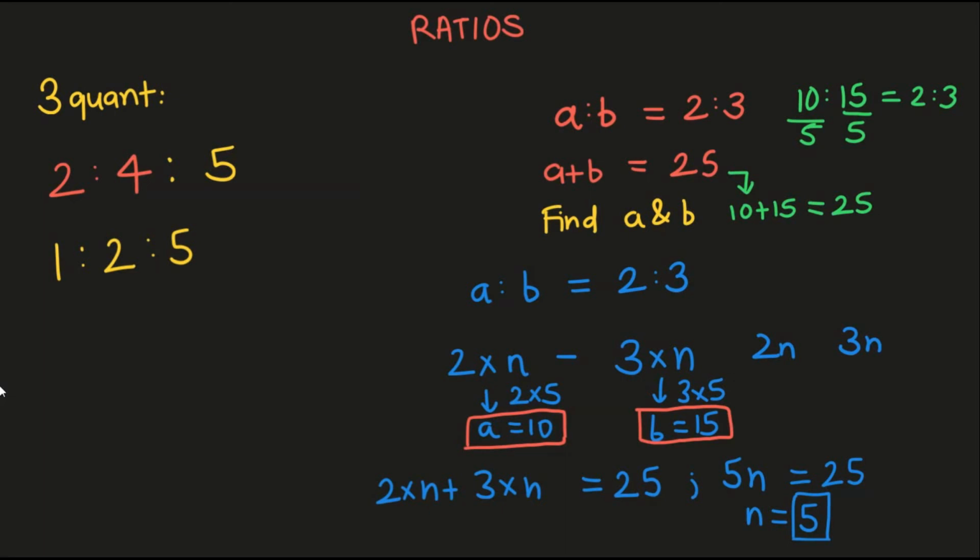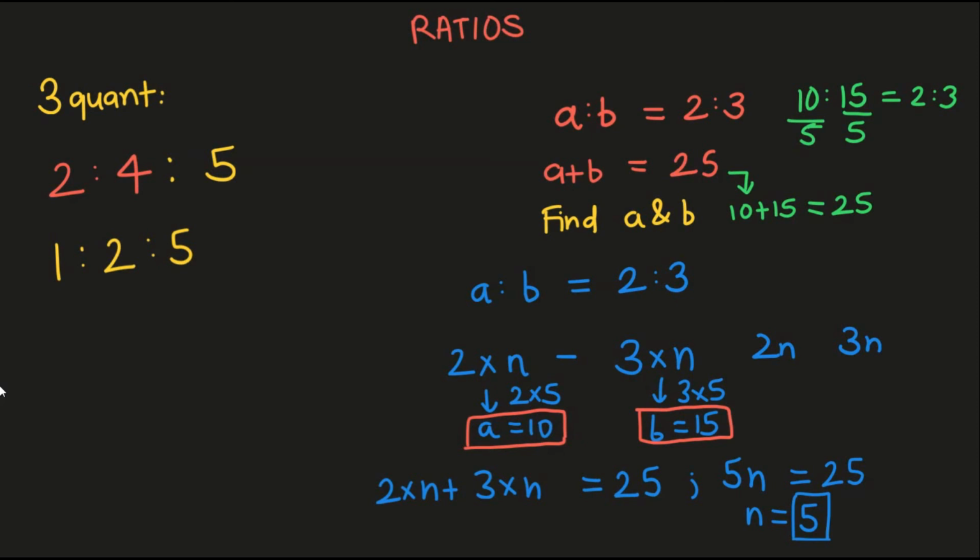So what you do is that you take a number, that into 2 in this case is A, and that into 3 is equal to B in this case. That number we have taken as n, that's a variable. You can take any letter to represent that. It is just a placeholder for that number.